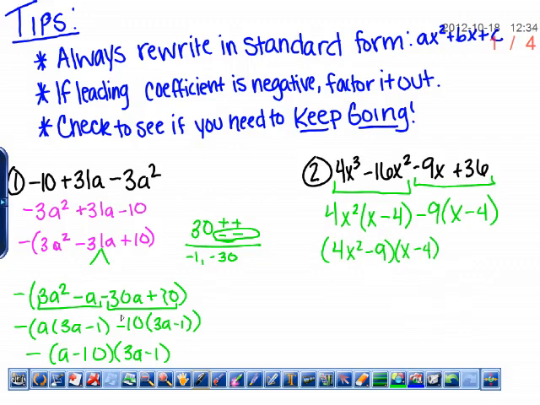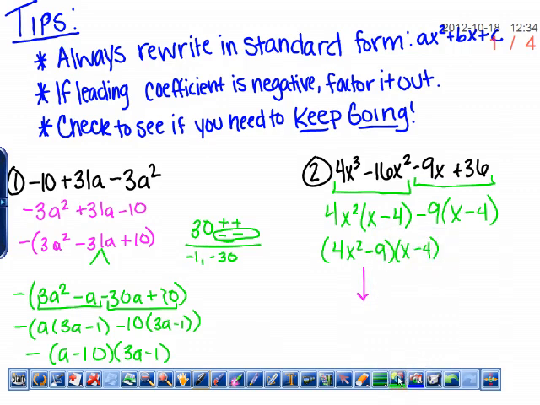My question to you is, are we done? No. Who knows why not? Yeah, we have 4x squared minus 9, which falls into what rule? Difference of squares. So I'm going to want to continue and factor that some more.